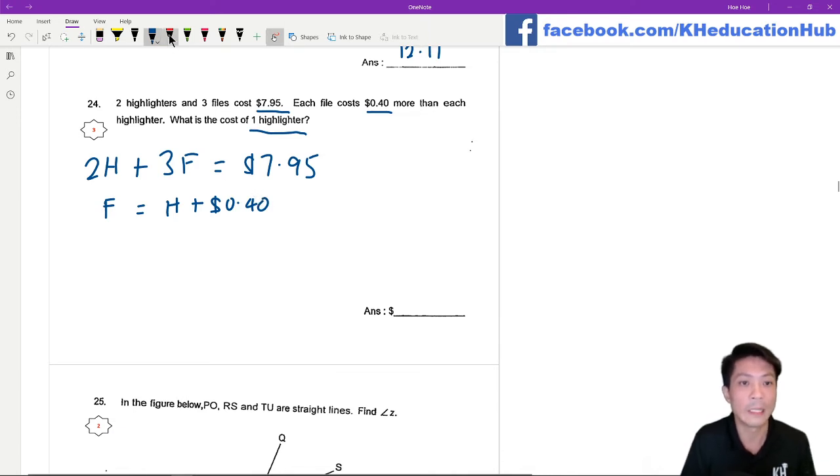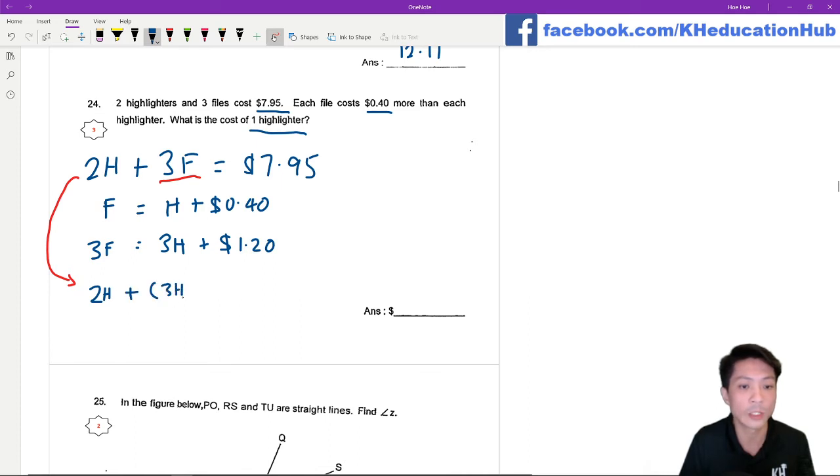Okay, so we're gonna replace these 3 files. We're gonna multiply these. So if one file costs H plus 40 cents, it means that 3 files will cost 3H plus 120. Okay, so which means that now this equation over here is gonna become 2H plus 3H plus 120 gonna be equal to 795.